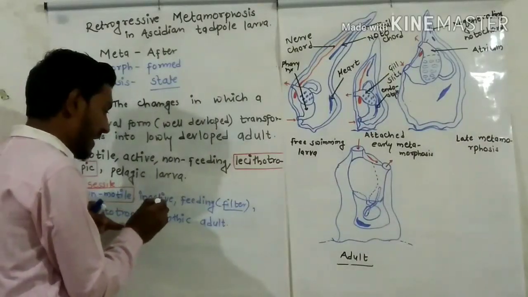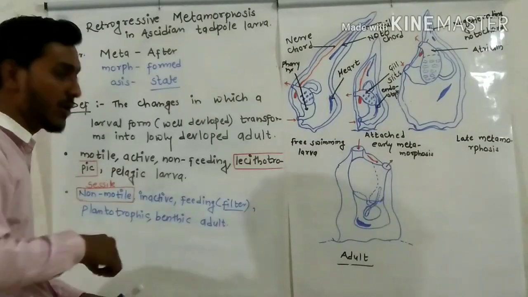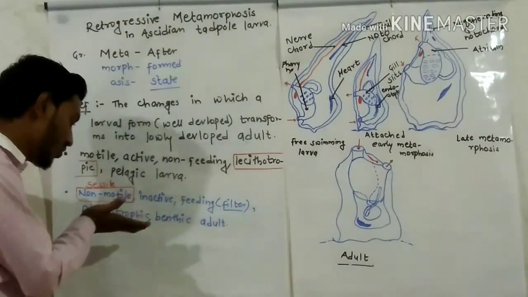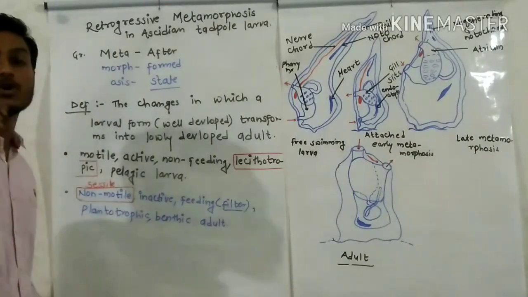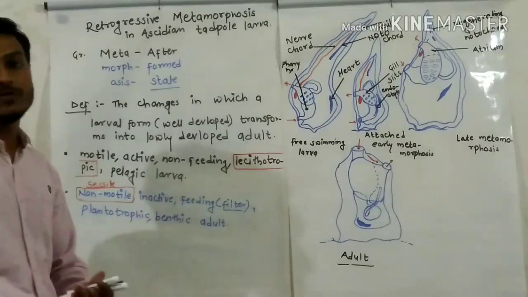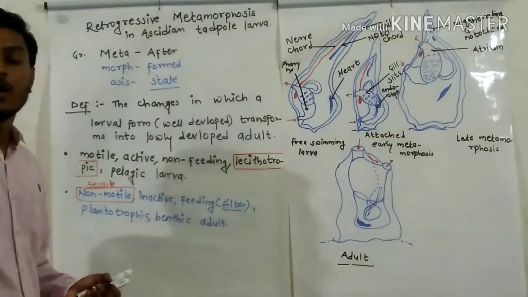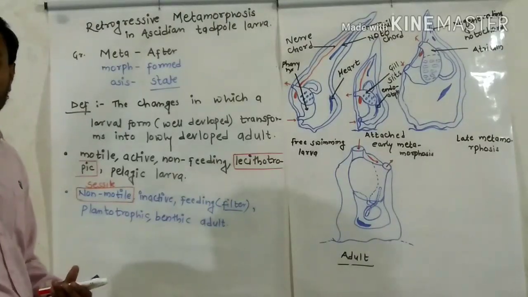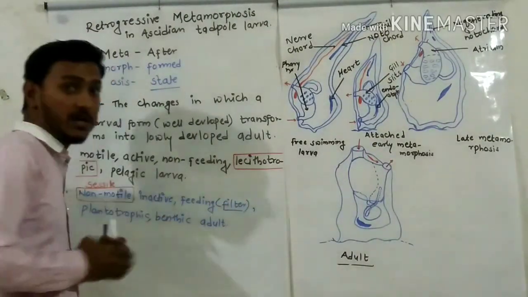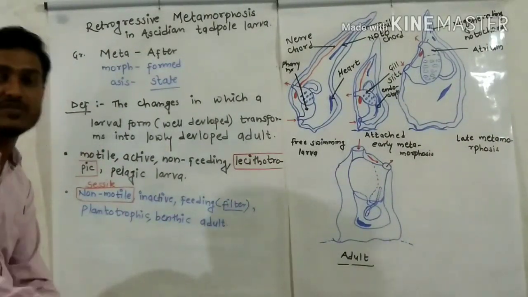Now it is inactive and feeding. It is a filter feeder, feeding on plankton, as we have used the word planktotropic. Previously it was lecithotropic, feeding on its own yolk reserve; now it is planktotropic, feeding on plankton. Planktons are of two types, phytoplankton and zooplankton. It becomes benthic, as it is sessile, so it goes to the bottom of the reservoir and settles there.